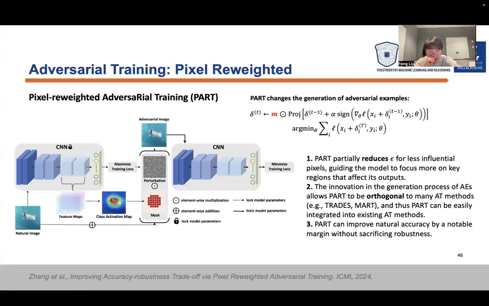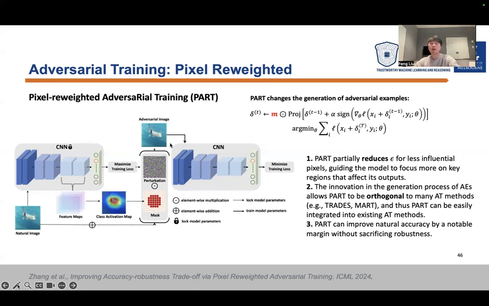We cannot reduce it to 0, it doesn't make sense, but we can slightly lower the perturbation budget. Then we take the element-wise product with the perturbation we learned, get new adversarial images, and feed them to the training process and minimize the training loss on these adversarial images.